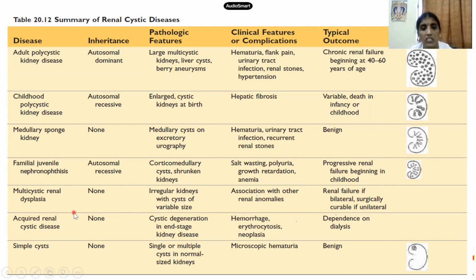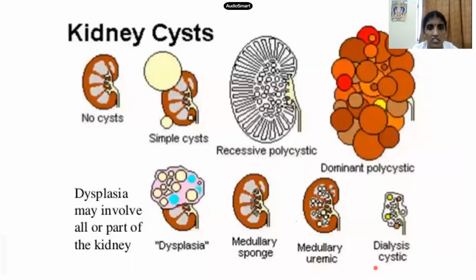Multicystic renal dysplasia is an irregular kidney with cysts of variable size. Renal failure occurs if it is a bilateral involvement, and it is surgically curable if it is a unilateral disease. In acquired renal cystic disease, depending on the duration of dialysis, a simple cyst is clinically insignificant. So this is the summary of renal cystic disease.